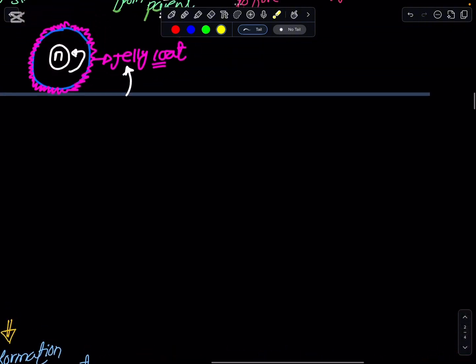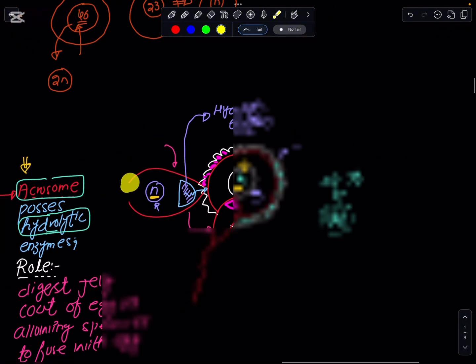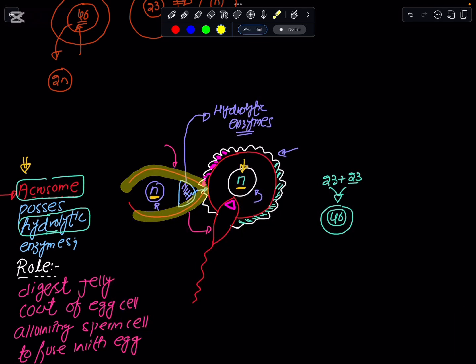Now, for the making of the zygote, only one sperm should be allowed to fuse with one egg cell. We can't afford another sperm cell entering into the egg cell, because if that would happen, the number of chromosomes would change and we cannot make a human out of it.